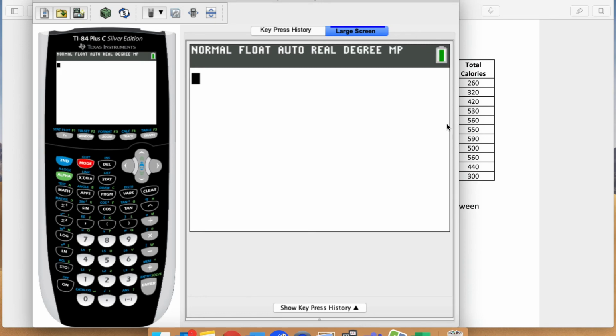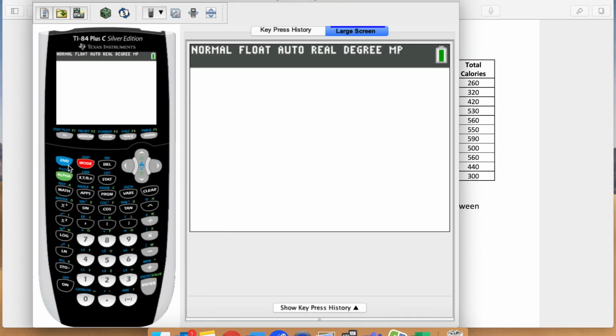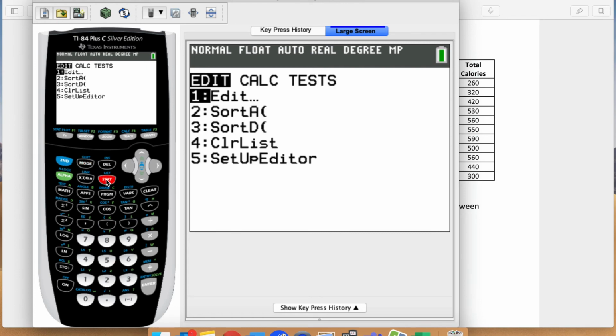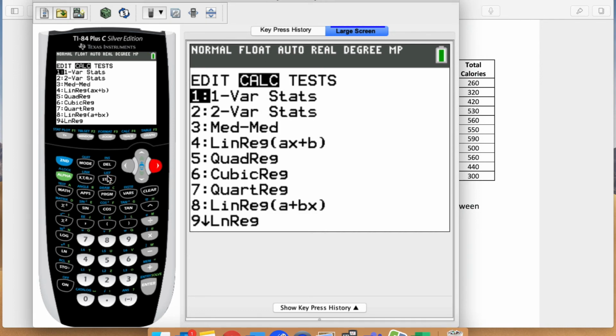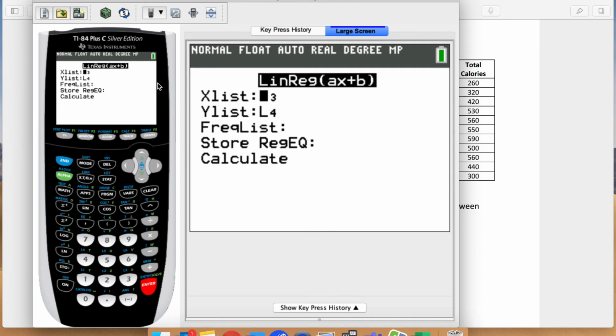Next step is we need to perform what's called a linear regression in order to classify the correlation. So let's go to calculate, and we scroll down to linear regression. You press enter, and this is my X values and these are my Y values.